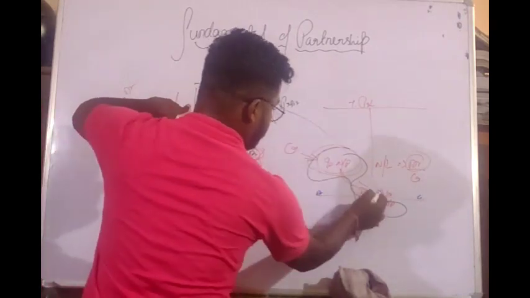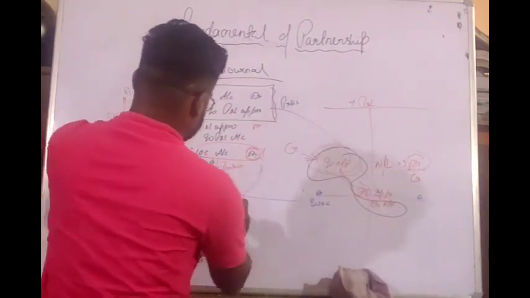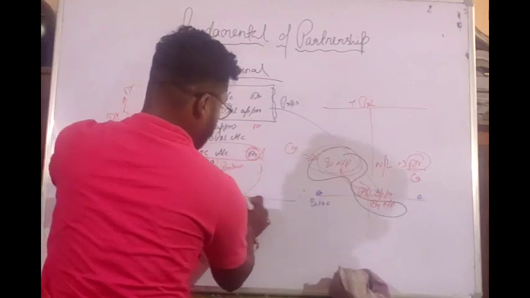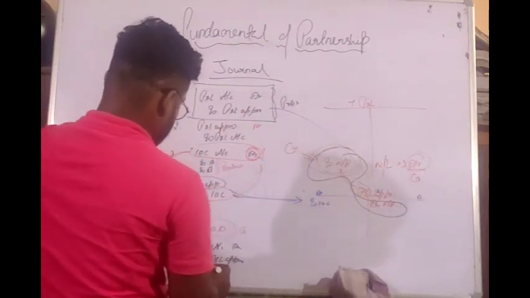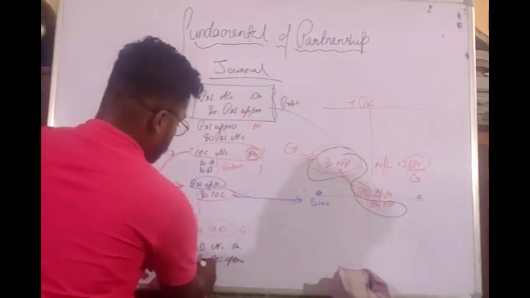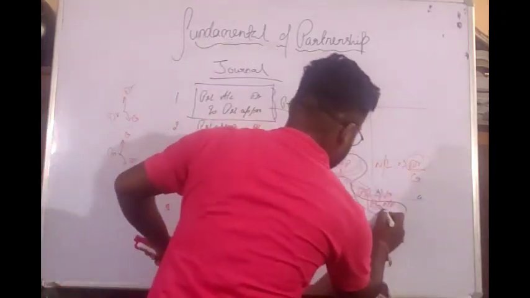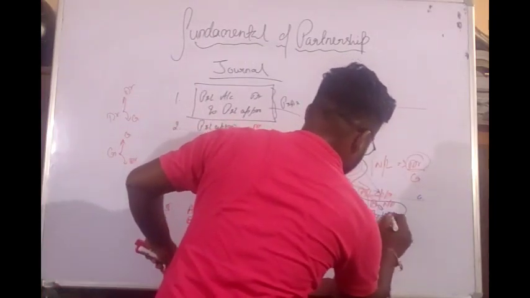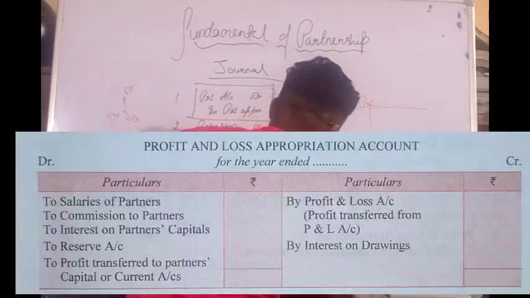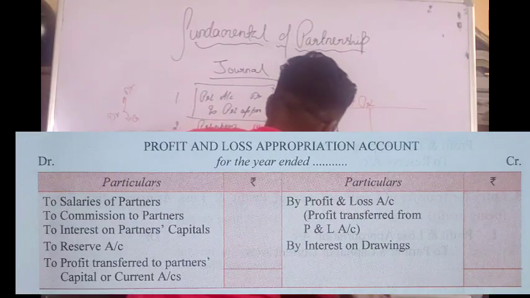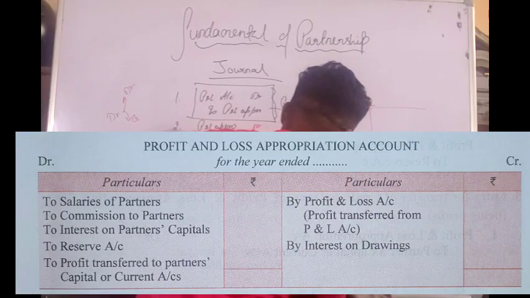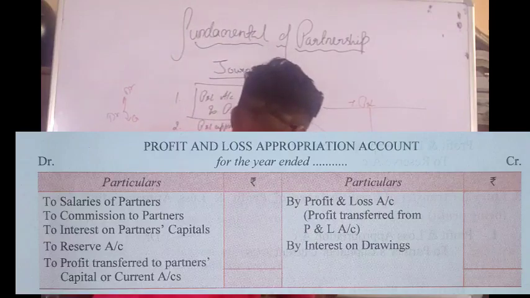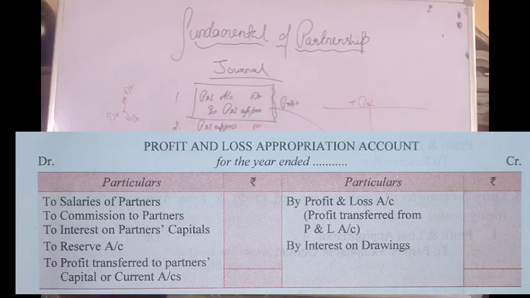Transfer of profit we did; to interest on capital; see here; it will come here by interest on drawings. Similarly, to salary, to commission, to reserve, to profit transfer, to A and B if there are two partners. This is the format you can prepare from here.